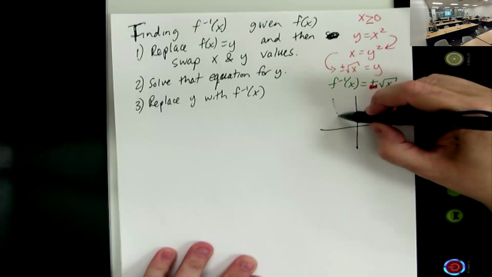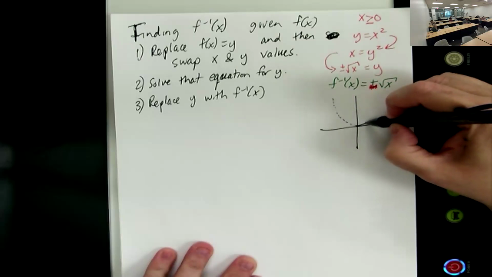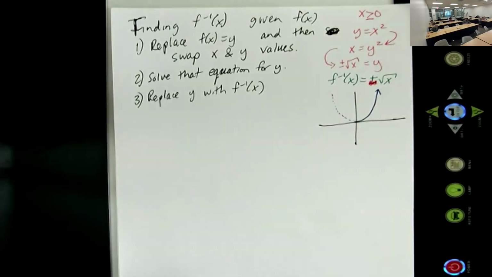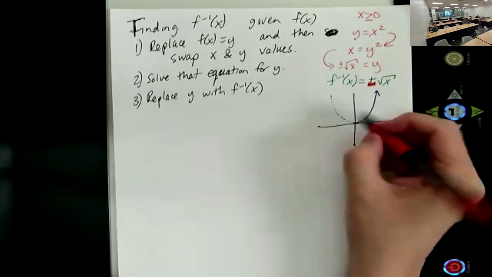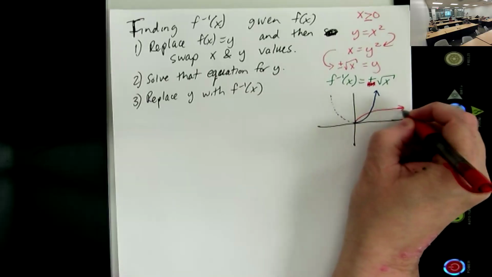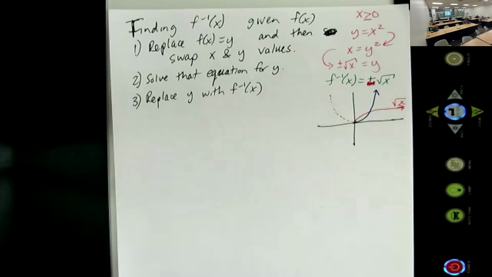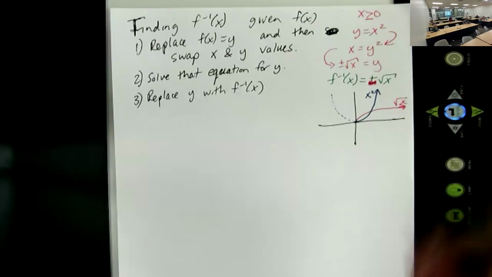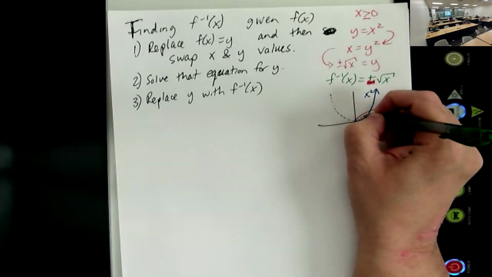So y equals x squared looks something like this, and I've done a dotted blue line for the part we didn't use. And y equals square root of x looks like this. And that y equals x line is right here.